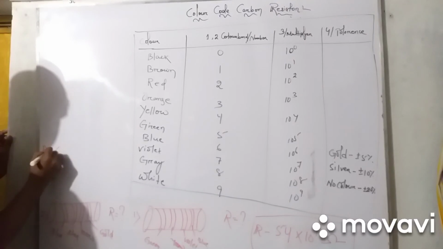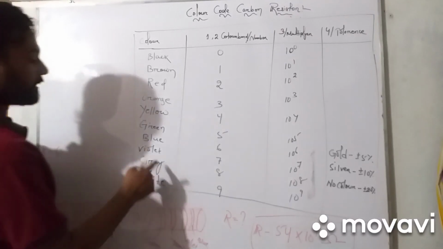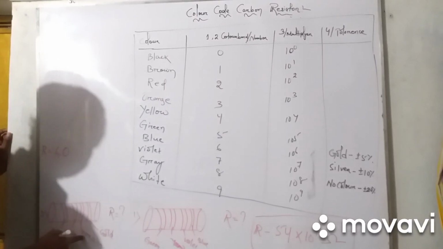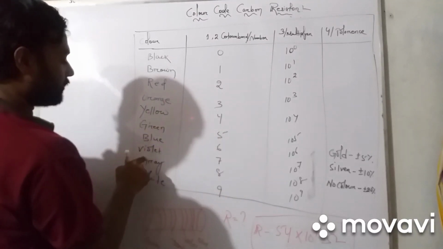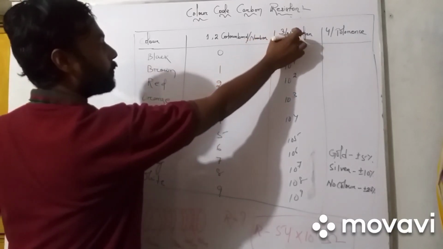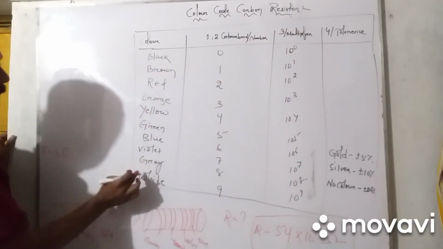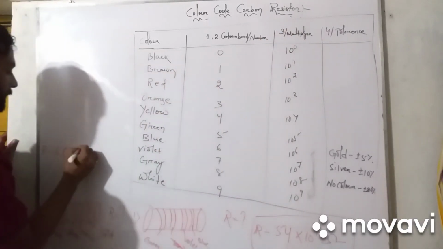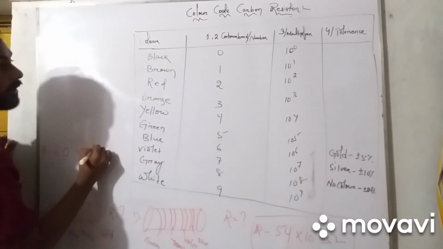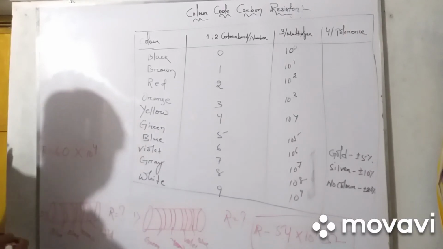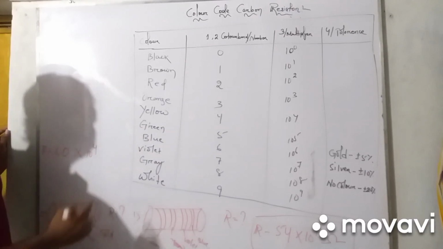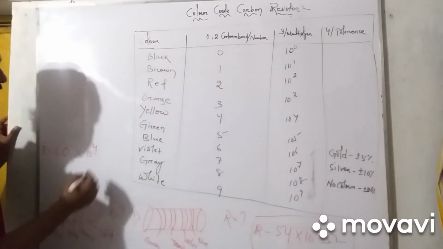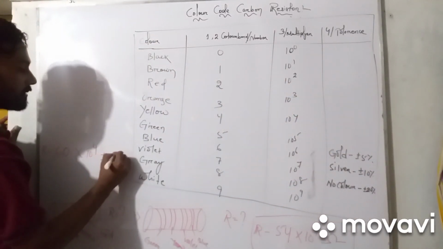Black represents 0. Yellow, the third color band, represents the multiplier, so yellow is 10 to power 4, that is called the multiplier. And gold represents the tolerance, that is the error. Gold's tolerance is plus or minus 5%.